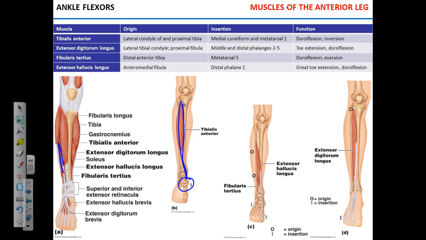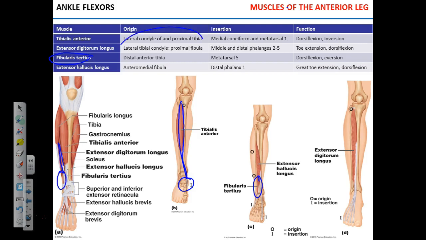Sorry. It would actually be number 21. Okay, the model is pretty good. It runs to the toes. Fibularis tertius is a rather small muscle, which you won't be able to find in the model.